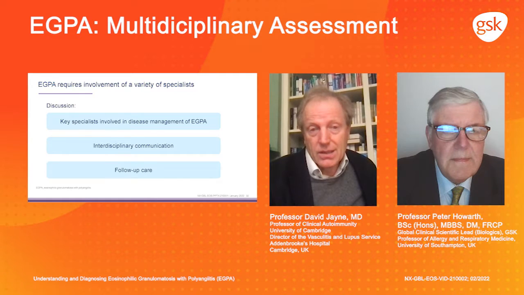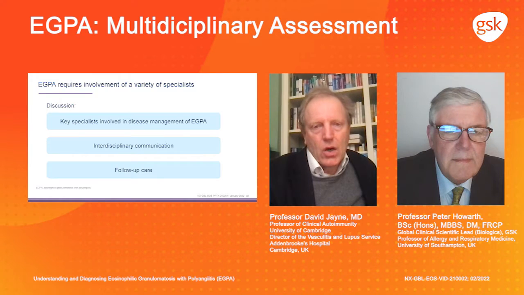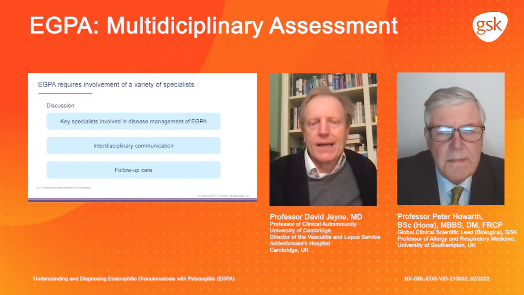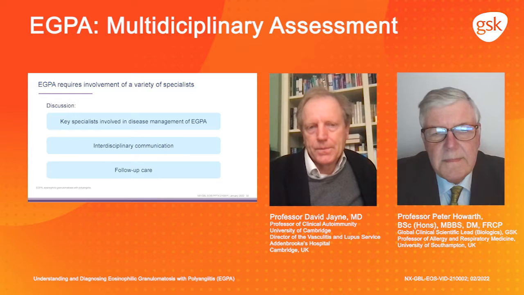And certainly within the east of England where I work, we tried to develop this sort of hub and spoke approach. This also has the benefit of discussing referral thresholds and diagnostic pathways with one's colleagues in other hospitals in the attempt to get patients picked up early and then referred through early.